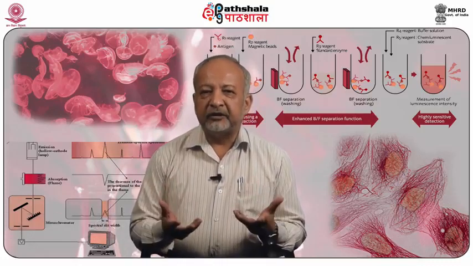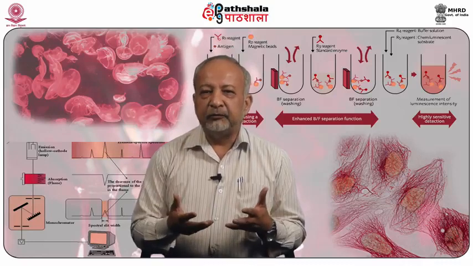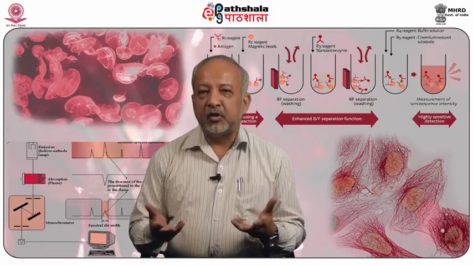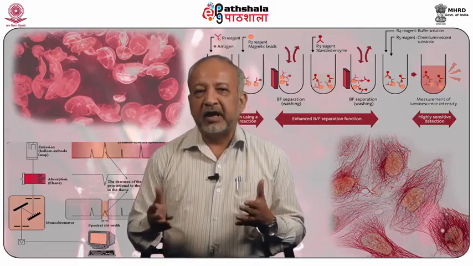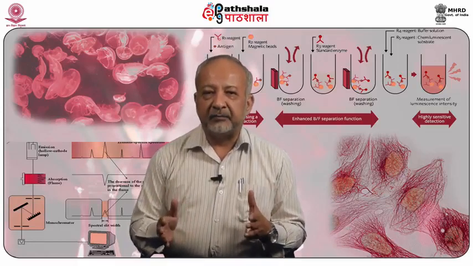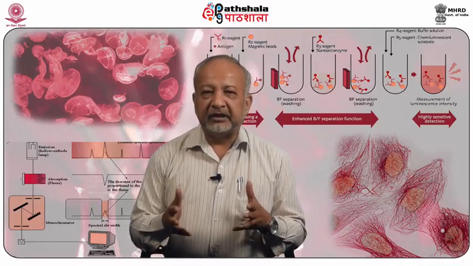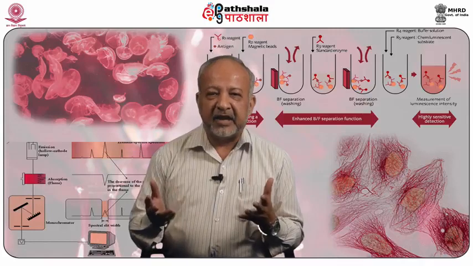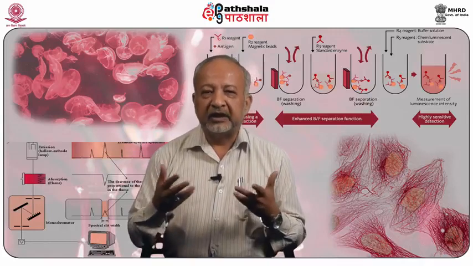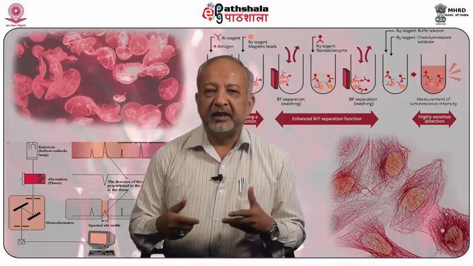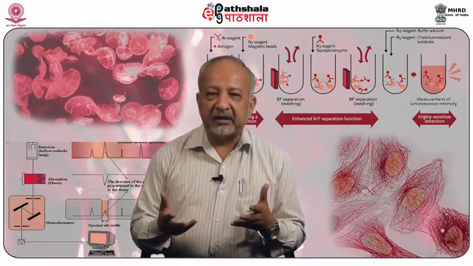Now, what are the benefits of the sector analyzer? The double focusing magnetic sector mass analyzers are the classical models against which other mass analyzers are compared. They give you the classical mass spectra which you can see and interpret easily. Very high reproducibility is there.